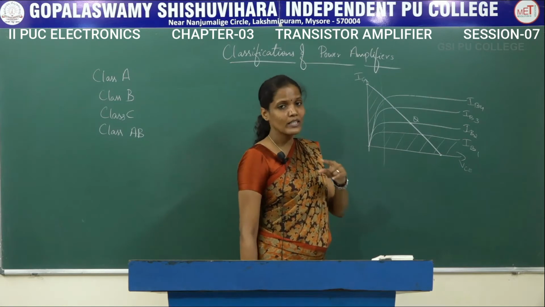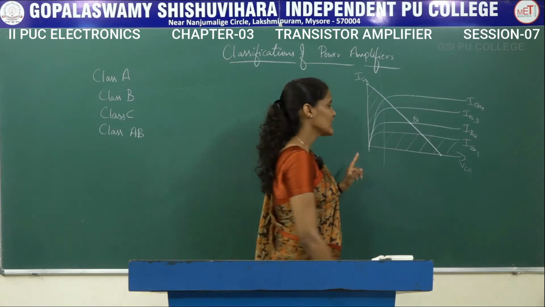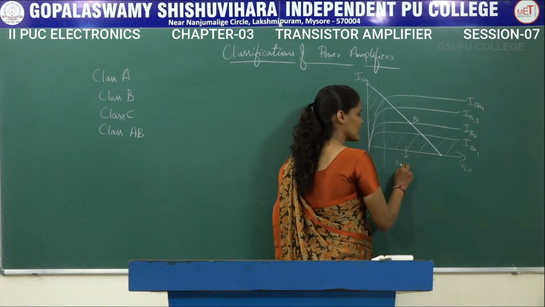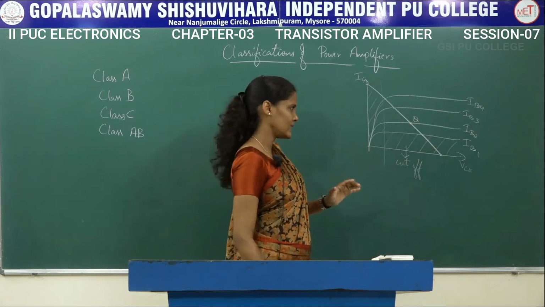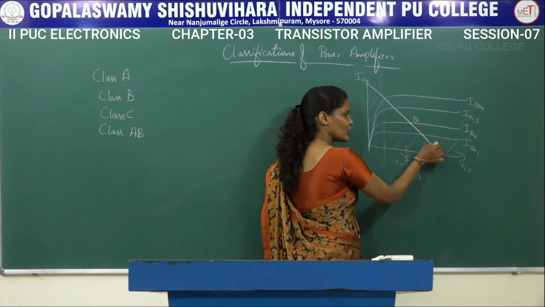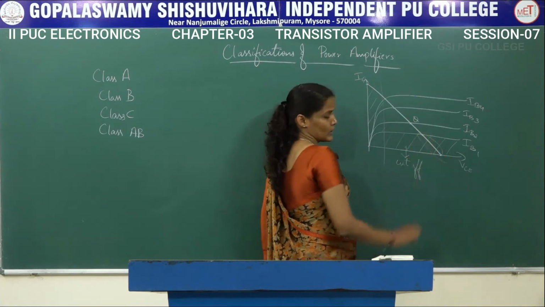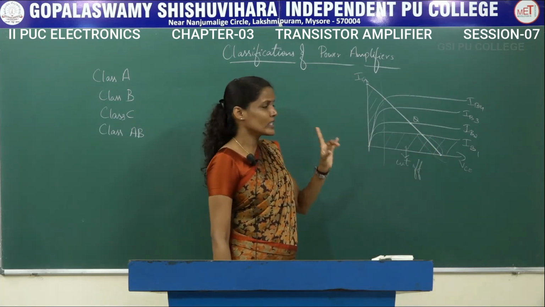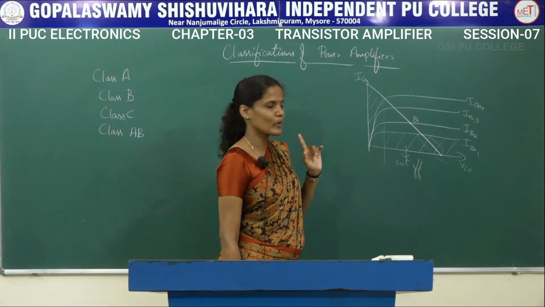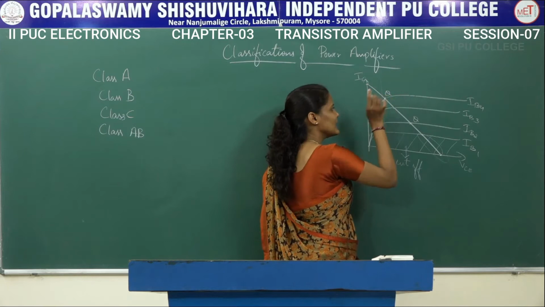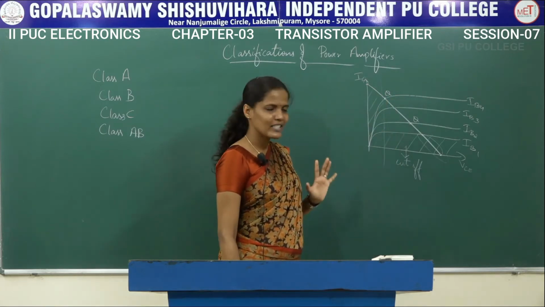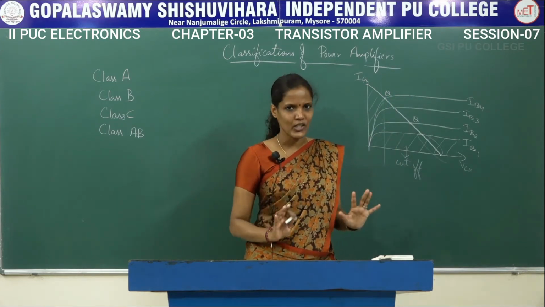When I want our transistor to work as a switch, in the switch off state, we are going to select a Q point in the cutoff region. When I want to use the transistor in the switch on position, we are going to select the Q point in the saturation region. We have studied this in detail in the second chapter itself.